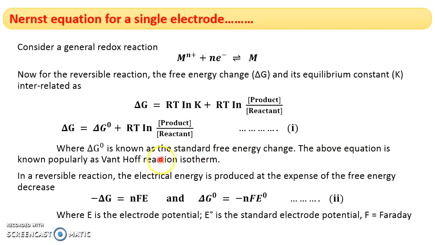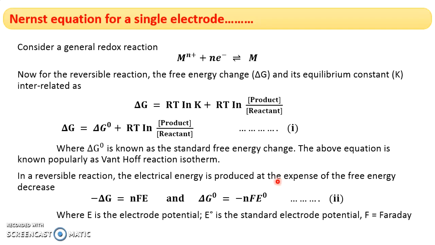For any reversible reaction, or for the taken reversible reaction, electricity is produced at the expense of the free energy decrease. That means when the free energy decreases, only then do we get electricity. When the electrode potential is positive, the free energy decreases, so free energy will carry a negative sign.